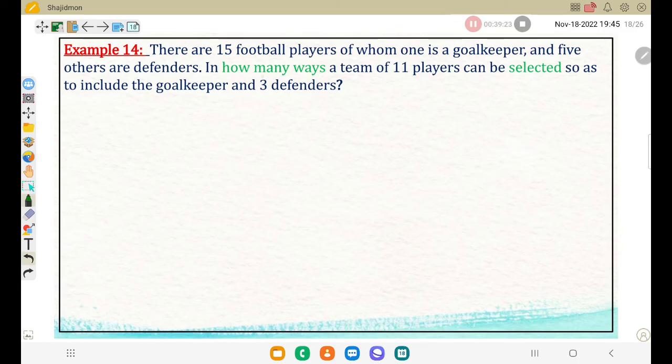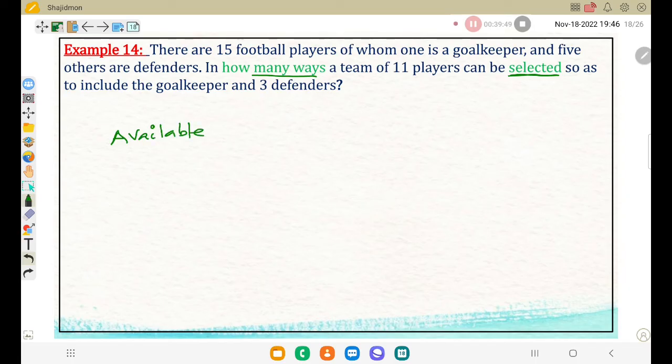In how many ways can a team of 11 players be selected? Selected means combination. The team should include the goalkeeper and 3 defenders. That is the question. So what is the available option? First check.